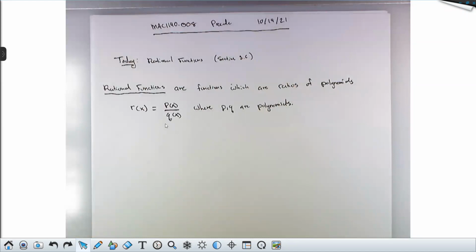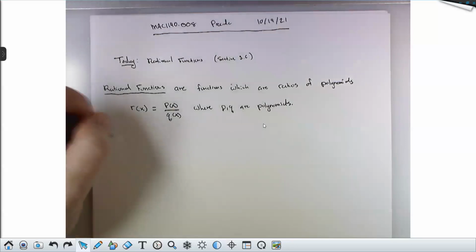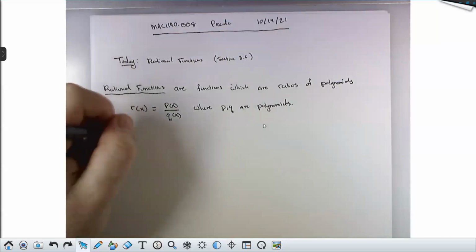We're going to look at many examples. Of course, every polynomial is a rational function. Just take the denominator to be 1, and you get just the numerator p. So all polynomials are technically rational functions, but most rational functions, we want to look at that denominator being not a constant. And the simplest sort of example there is one of your parent functions. Well, actually, several of your parent functions.